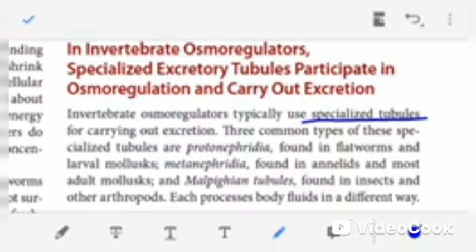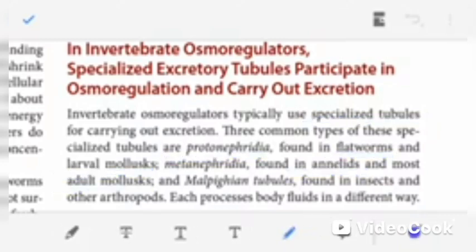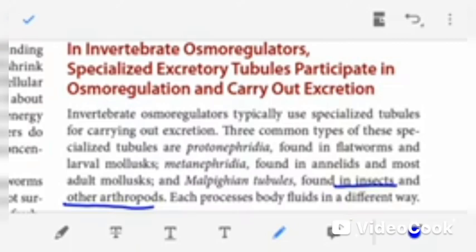Now, in invertebrates, three common types of these specialized tubules are: protonephridia, which is found in flatworms and the larva of mollusk; metanephridia, found in annelids, for example, the earthworm, and in adult mollusk; whereas the Malpighian tubules are found in insects and other arthropods.